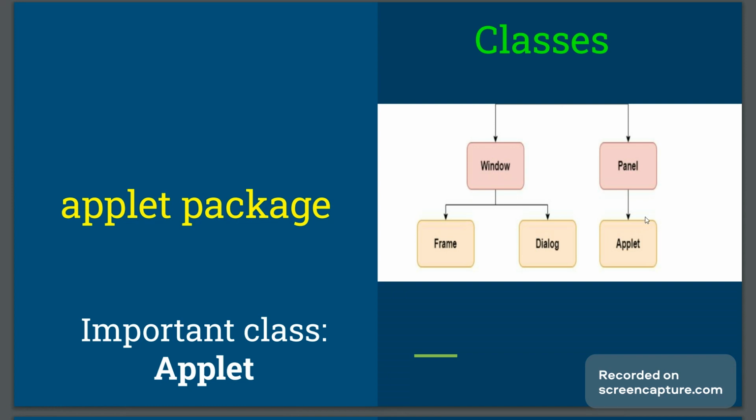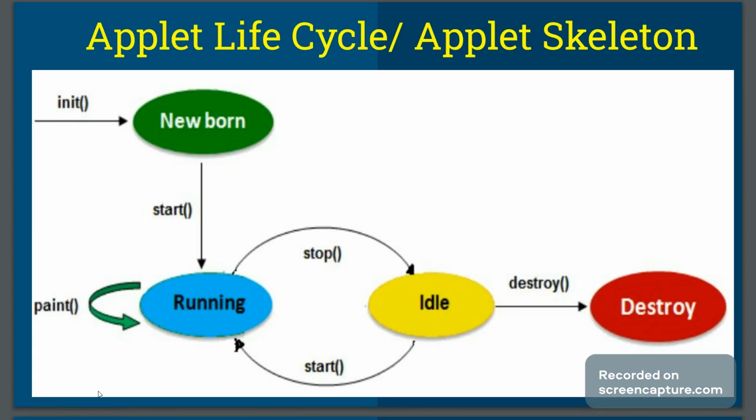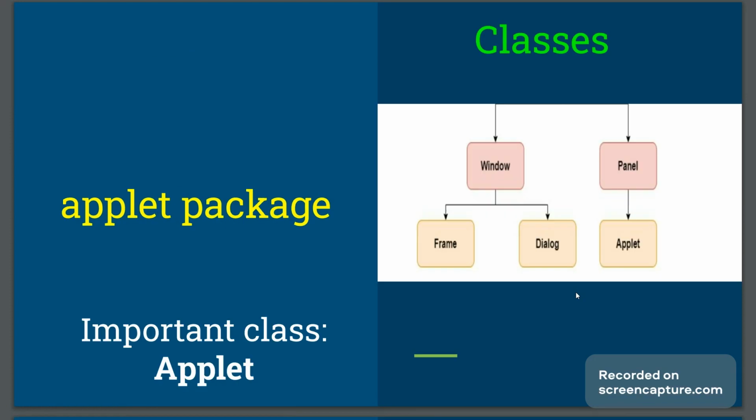Out of that, we need the important class, that is Applet. The a of the applet package is small and the Applet class's first letter A is capital. So all the life cycle methods of applet like init, start, paint, stop, destroy are the methods of the Applet class, which is available under this applet package.